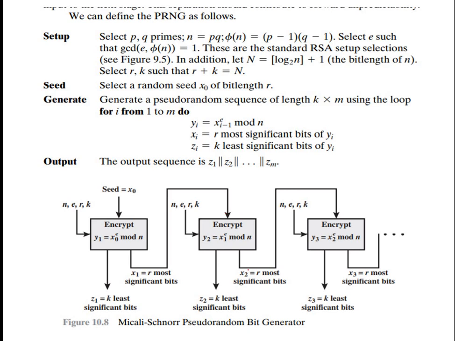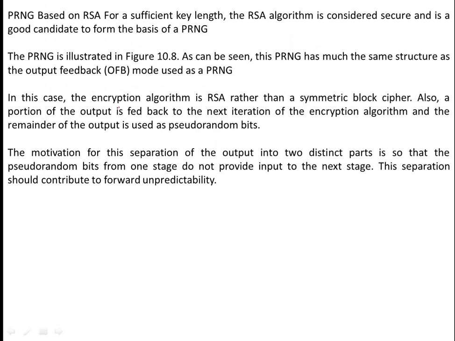The output of the second encryption box is given as the input to the third encryption box. Like this it goes on. This method is called OFB, that is output feedback. So output is given as an input to the next one. Hope this is clear.